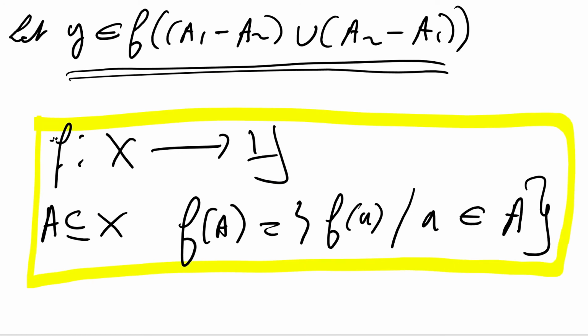So I said that if f is defined from X to Y, then A is a subset of the domain, and f of A is a set of f of a such that a is in A, right?